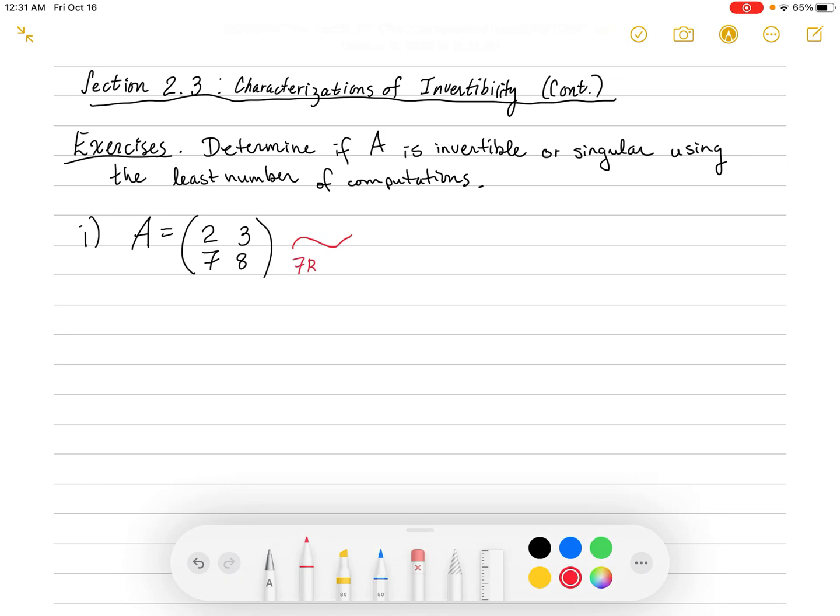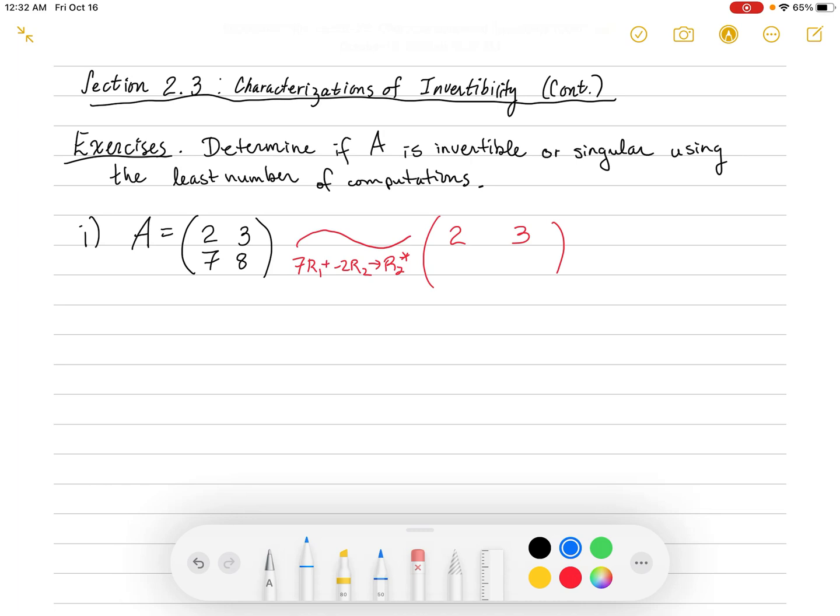So what I'm going to take is 7 times row 1 plus -2 times row 2 to get a new row 2. Okay, so row 1's not going to change.